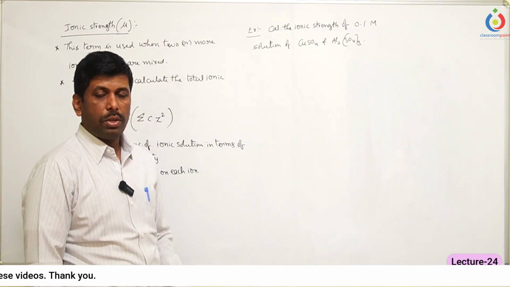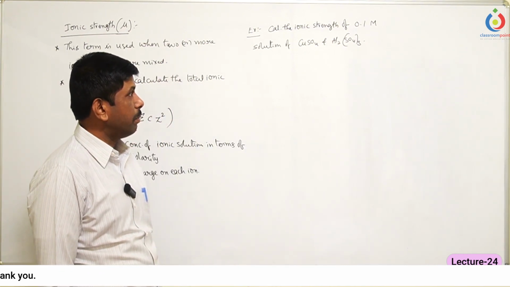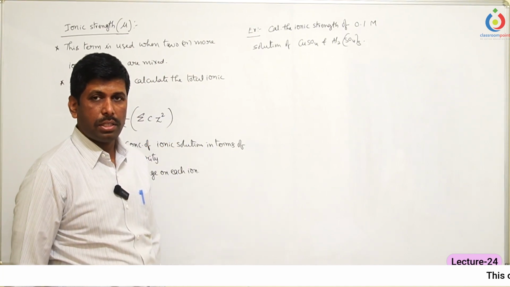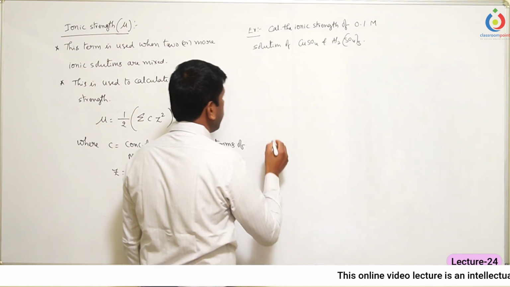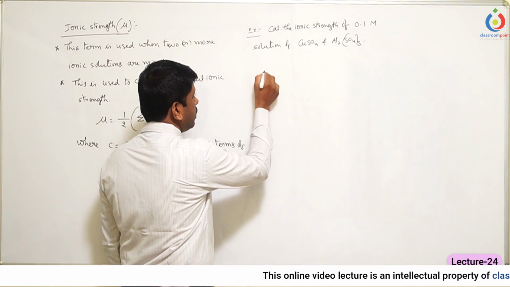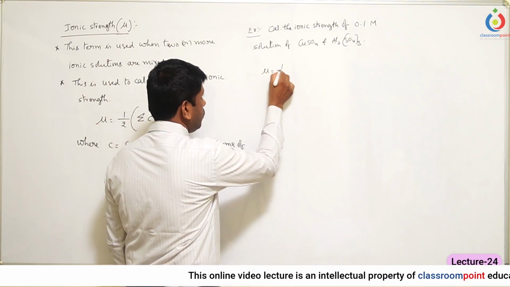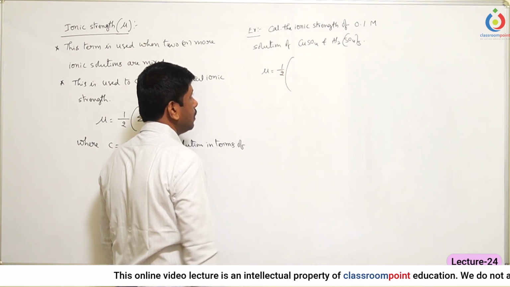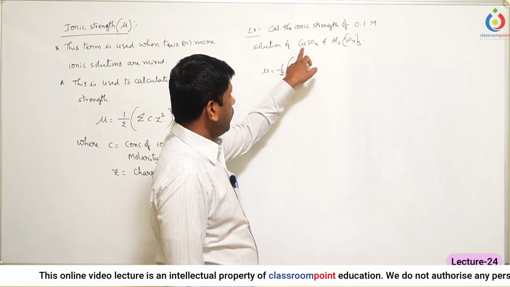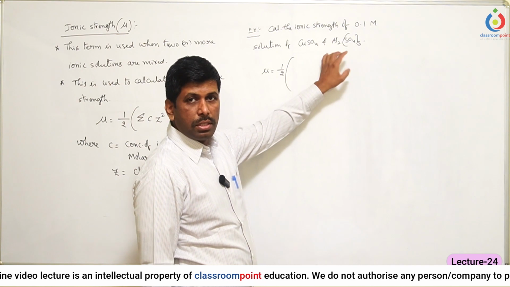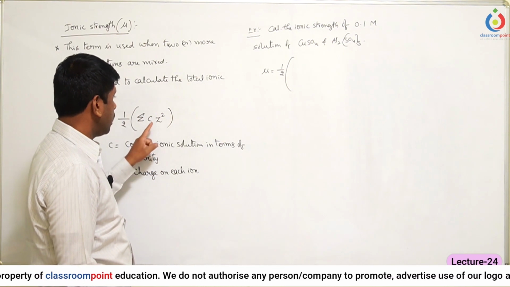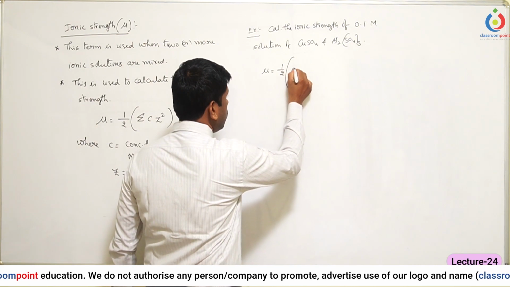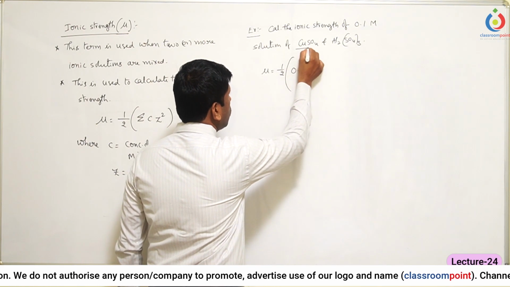Equal volumes of both solutions are mixed, and their concentration is 0.1 each. So ionic strength is equal to half of, for copper sulfate, C stands for the concentration, 0.1.